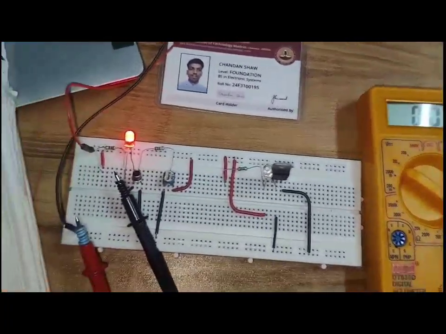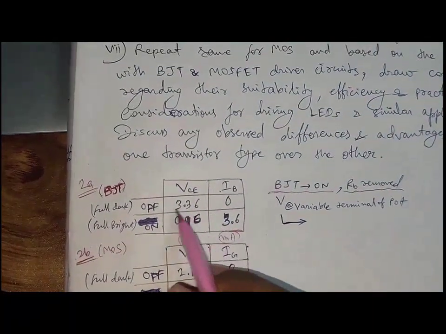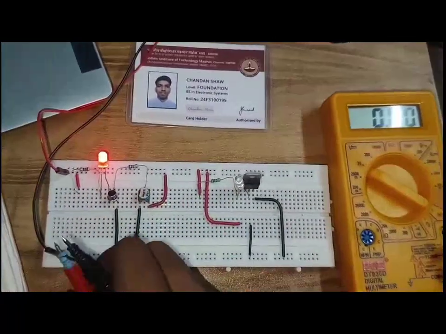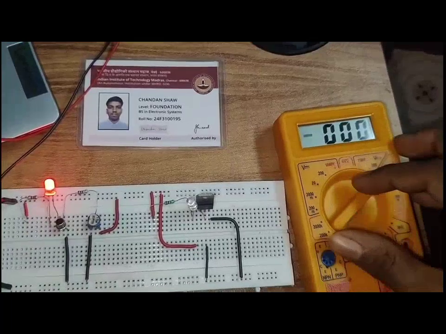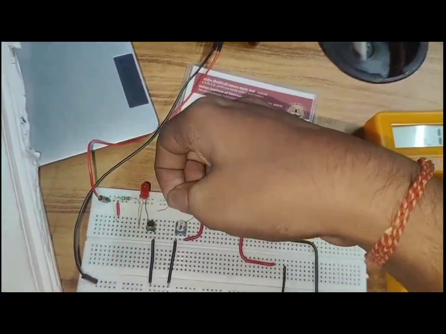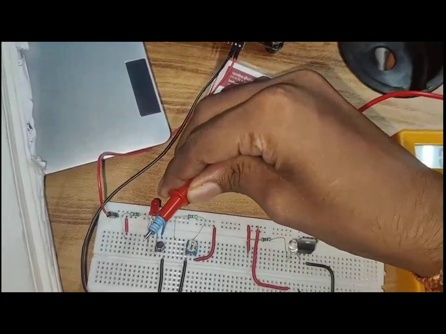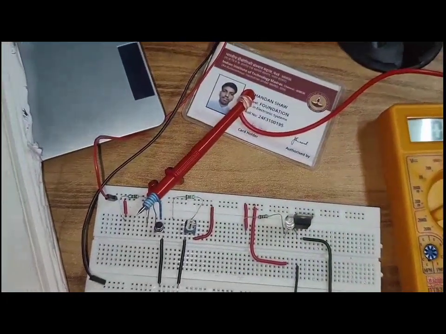I already recorded these values, and this is the off condition, on condition, and now we are going to see the IB. Now I am removing the resistance to measure the IB, and I am connecting to the base, and here I am connecting to the resistance.